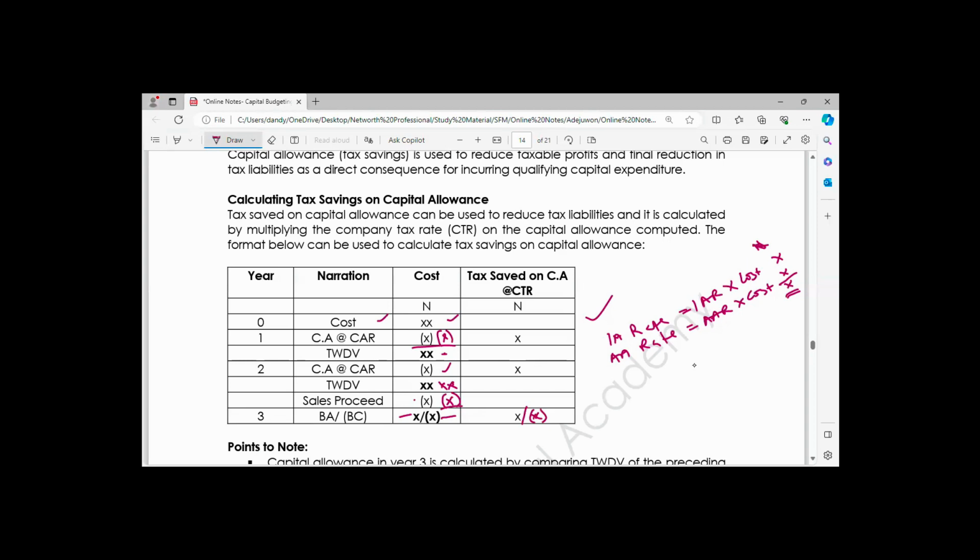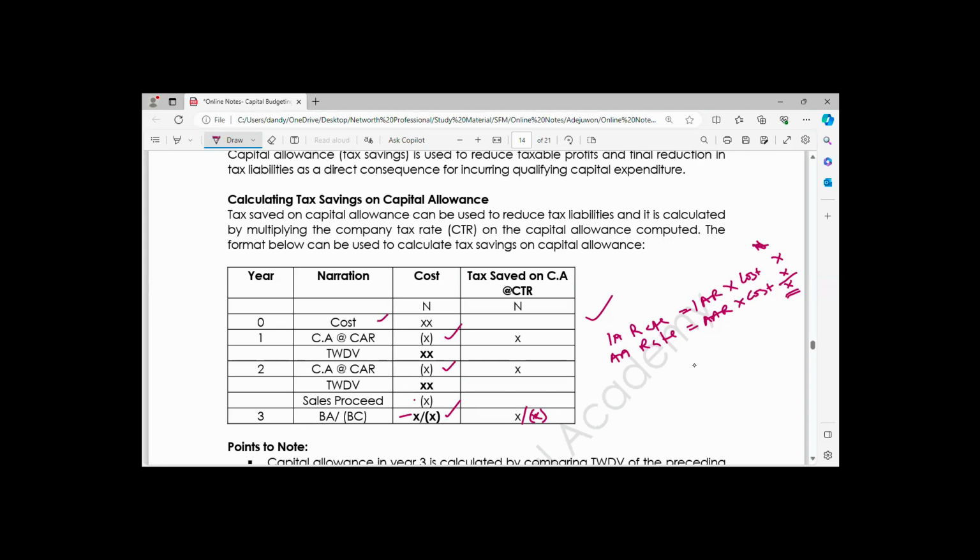So, all these items that I label, let me write it so that it will be clearer. All these items, this, and this represent capital allowance. Therefore, when I now want to calculate my tax saved on capital allowance, because the essence of capital allowance is to reduce tax liability.